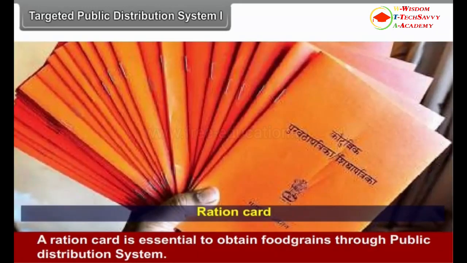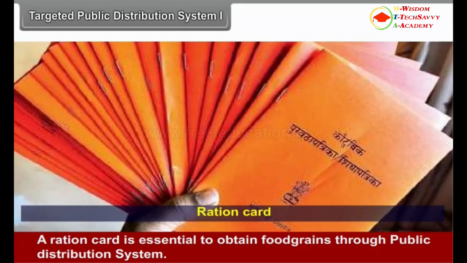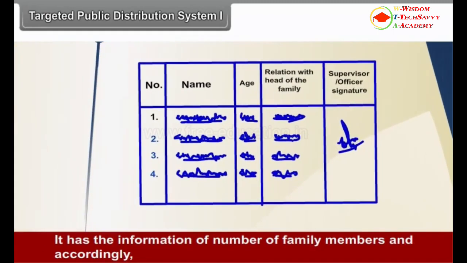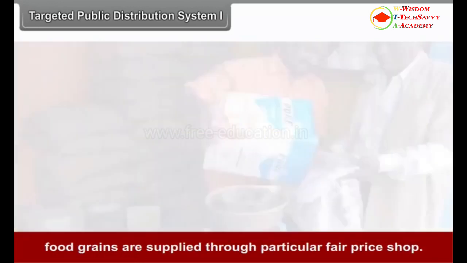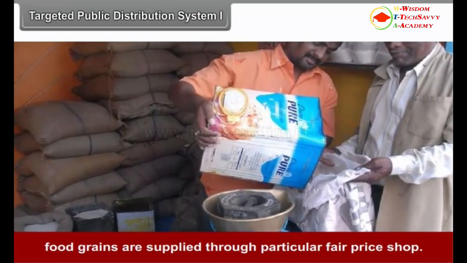A ration card is essential to obtain food grains through the public distribution system. It has the information of the number of family members, and accordingly food grains are supplied through a particular fair price shop.